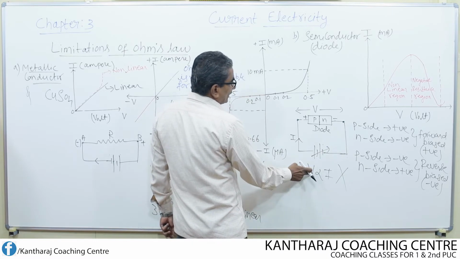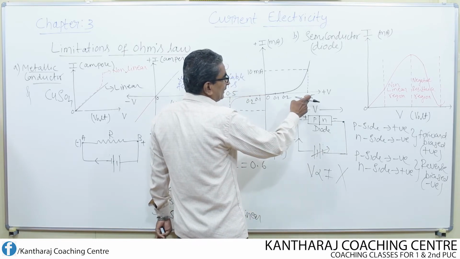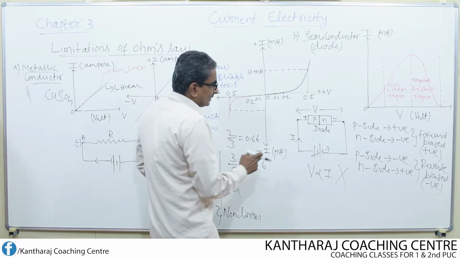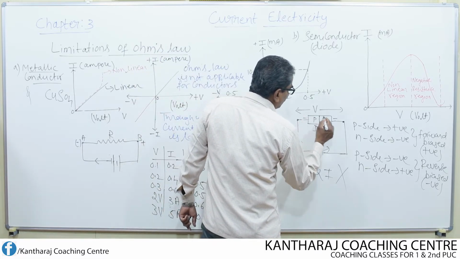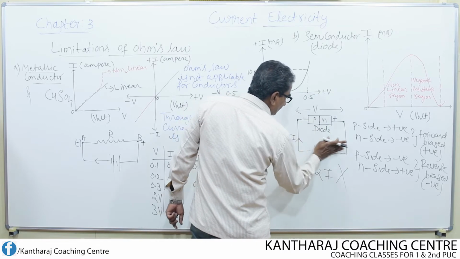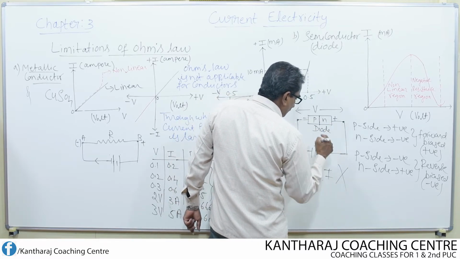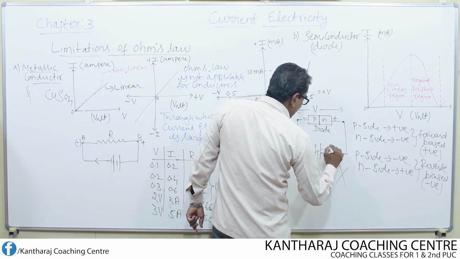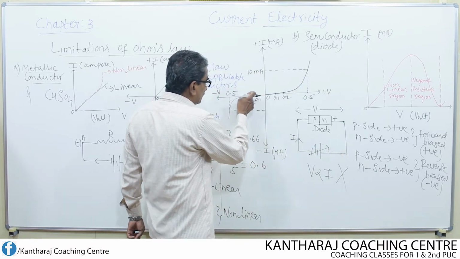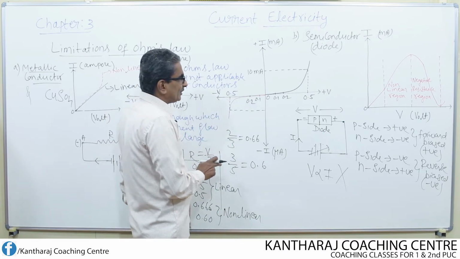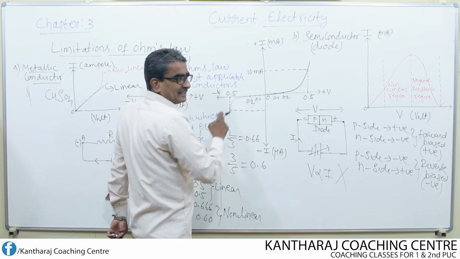If I vary the voltage up to 0.5, then for 0.5 volt the current is 10 milliamps. Now, if I reverse the voltage, connecting this one to negative and this one to positive, and again vary the voltage up to 0.5, look here, for 0.5 the current is 10 milliamp in the forward case.